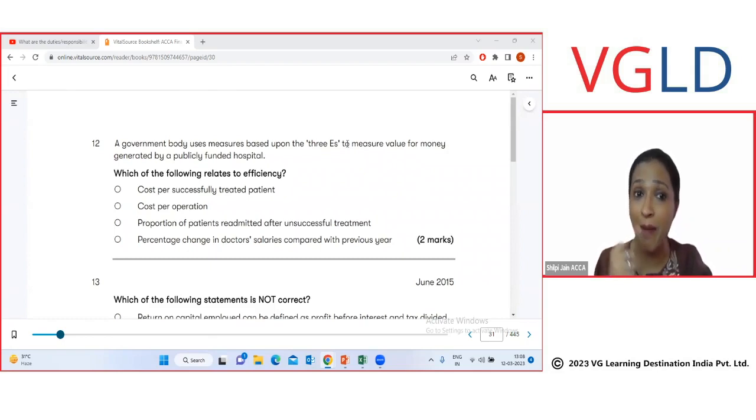Cost per operation, but remember here you have to take into account not just the output but also the input. So cost per successfully treated patient is going to tell you how efficient the hospital is, right?